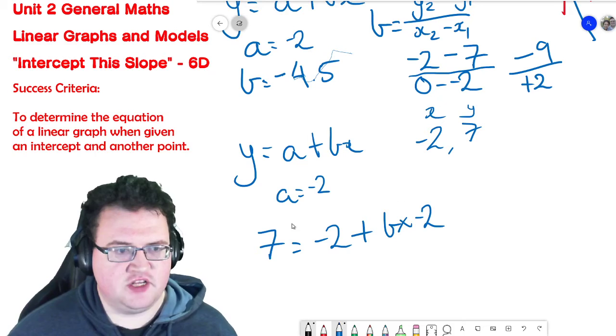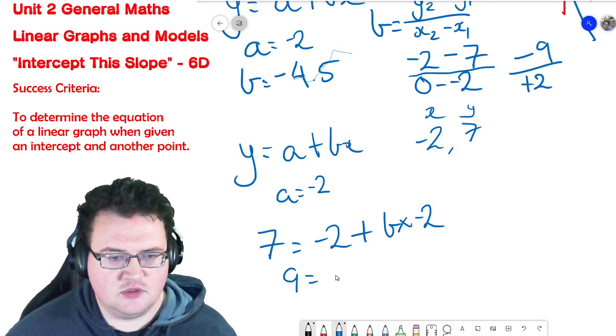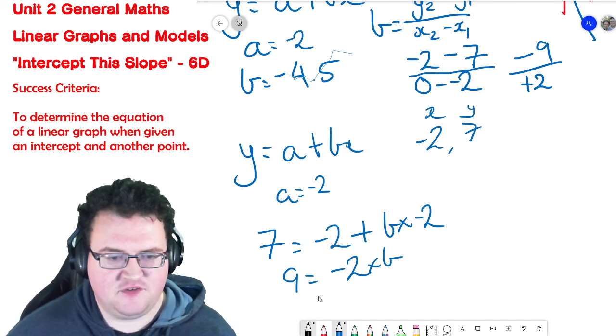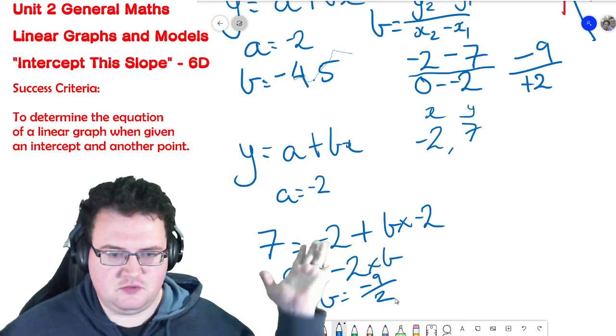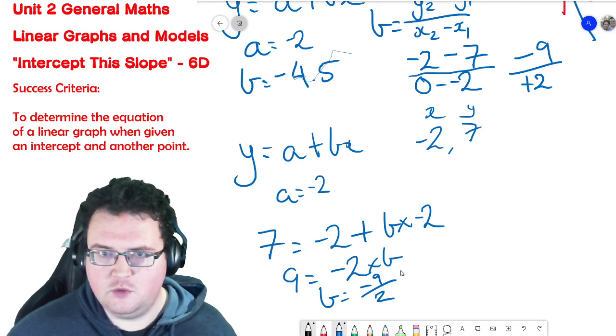Then I can solve this like any other equation. Add 2 to both sides: 9 equals negative 2 times b. Then divide both sides by negative 2: b equals negative 9 over 2, which is what we got over here.